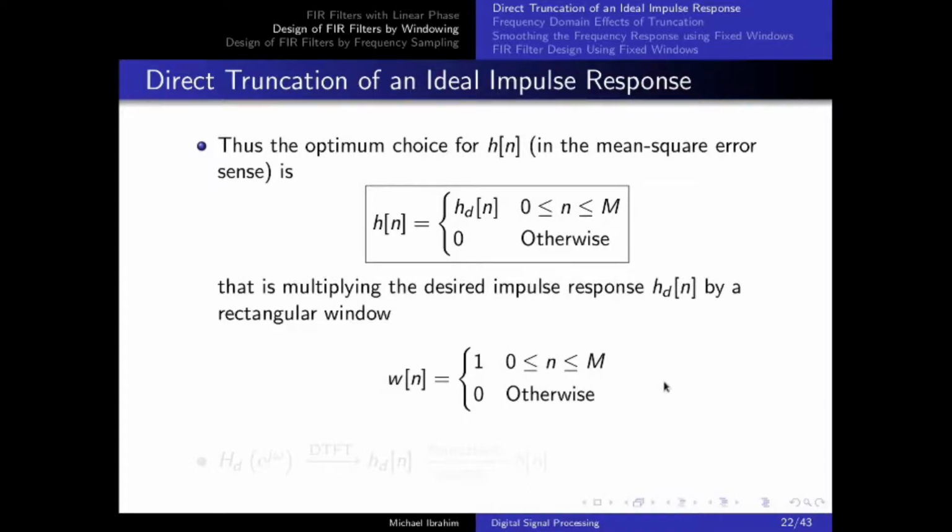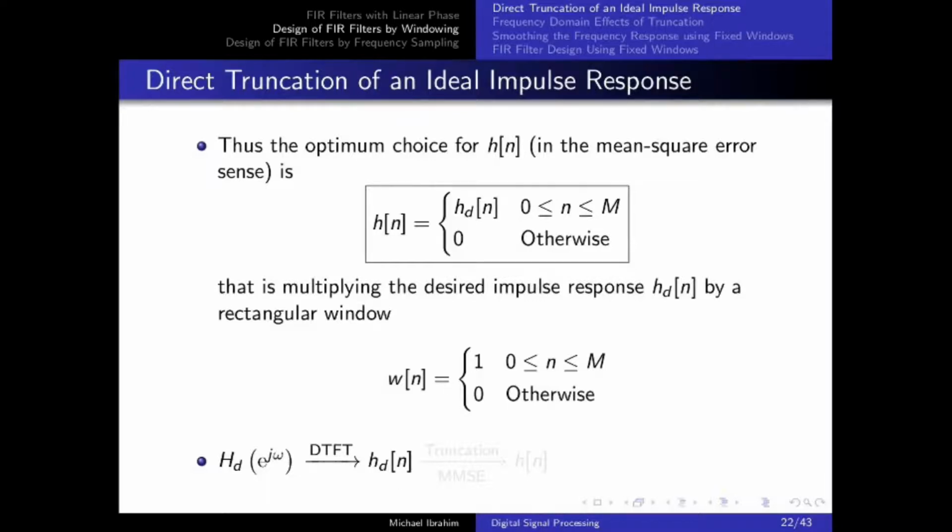So the process of designing FIR filters would be summarized as follows. We start with a desired frequency response, the ideal frequency response, an ideal low-pass filter with linear phase. Then we use the inverse discrete-time Fourier transform to find the desired impulse response. As we've said before, the windowing design happens in the time domain.